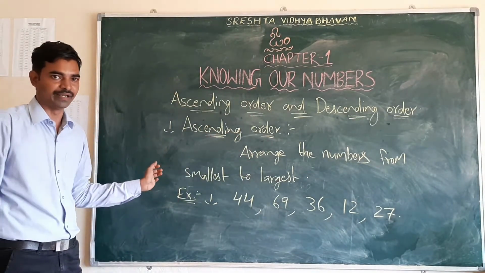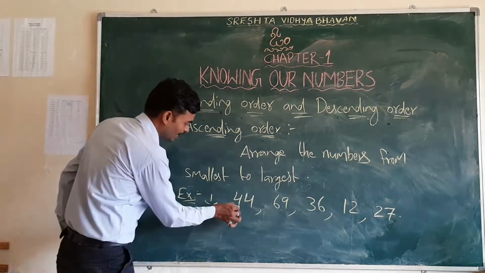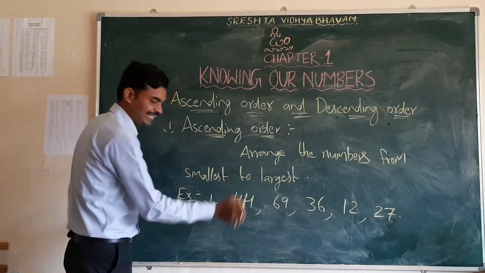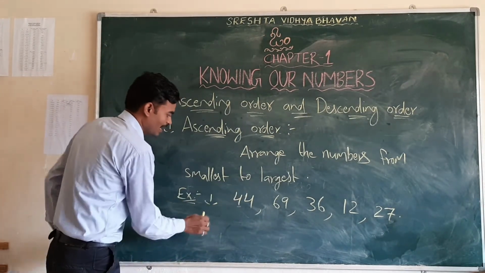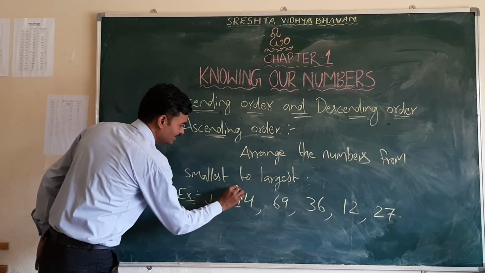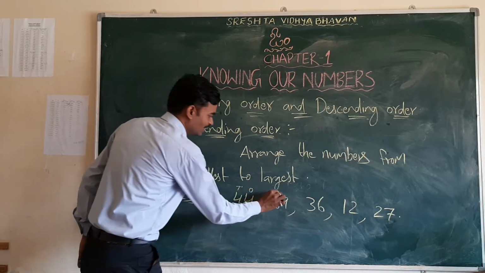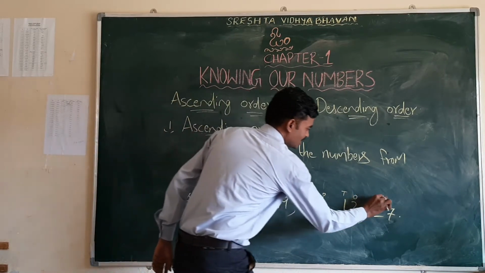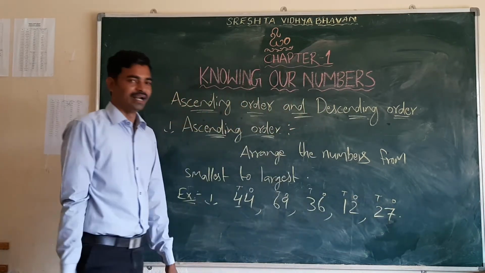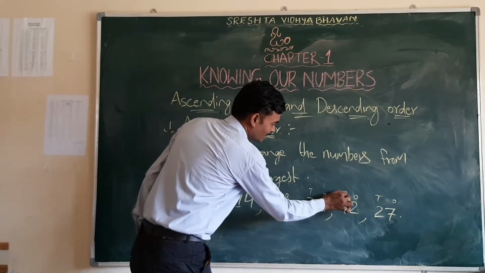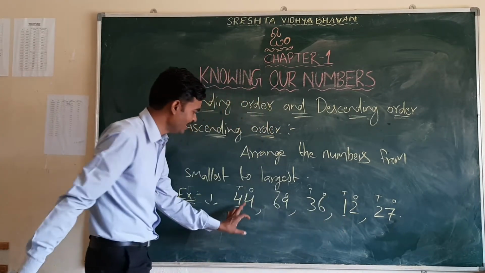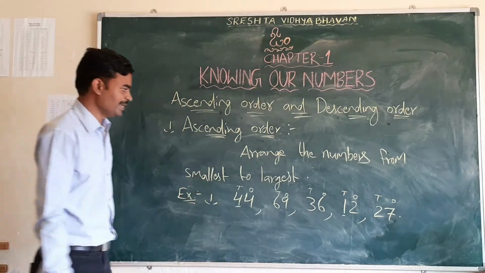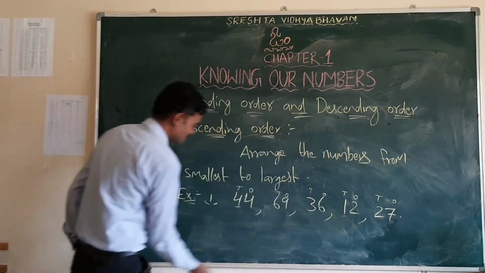We have to identify from the left side of the digits: this is the tens place, ones place, tens place, ones place, tens place, ones place, tens place, ones place. And in the tens place, there is a smallest digit 1. Remaining all are greater digits. That means 12 is the smallest number.